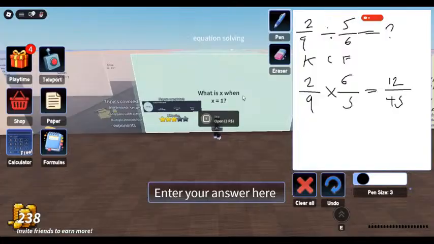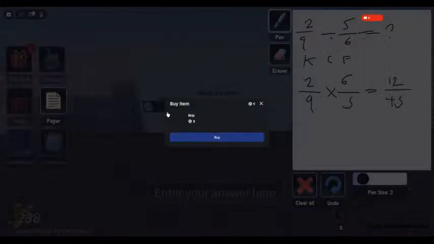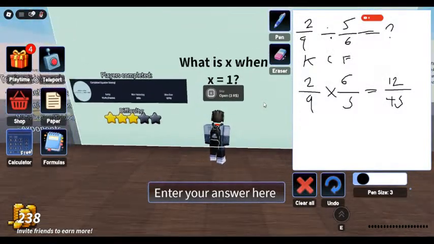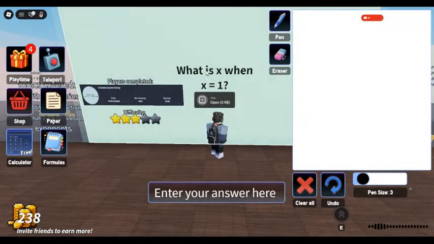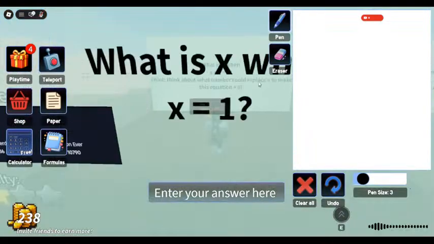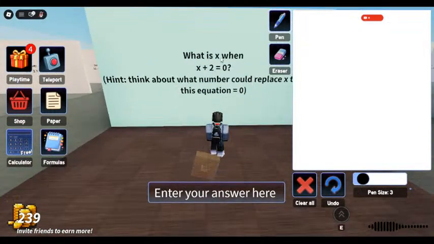Anyway, we could do this one, equation. So in equation, x equals 1. And what is x then? Of course, it's already stated here. x is equal to 1. In here, what is x when x plus 2 equals 0?